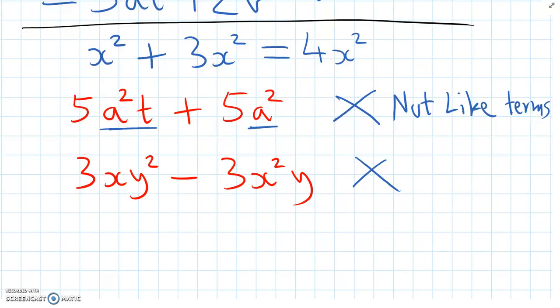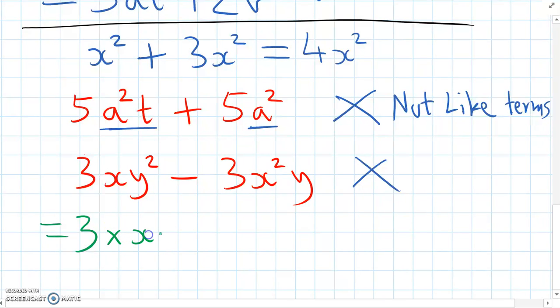And we can see why by actually thinking about what they mean. So remember that there's a multiply symbol in here that we don't write. So 3xy squared, that's the same as 3 times x times y, and squared, remember, is times itself, so times y again.